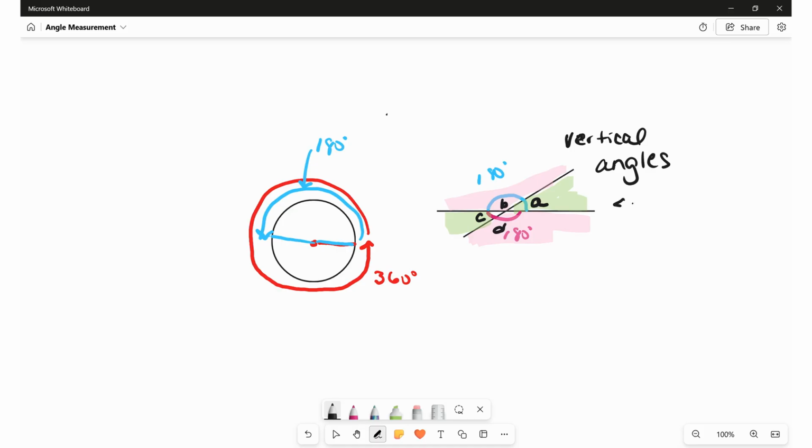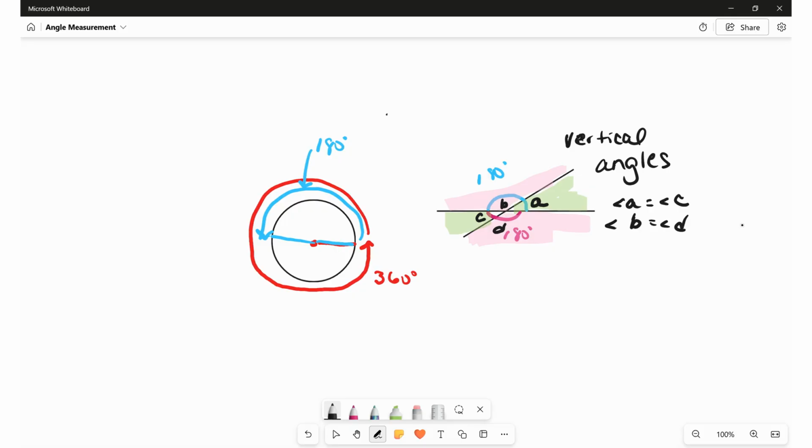Well, angle A is equal in measurement to angle C. And the measure of angle B is equal to angle D. Because the sum of these, both ways, the sum is equal to 180 degrees.